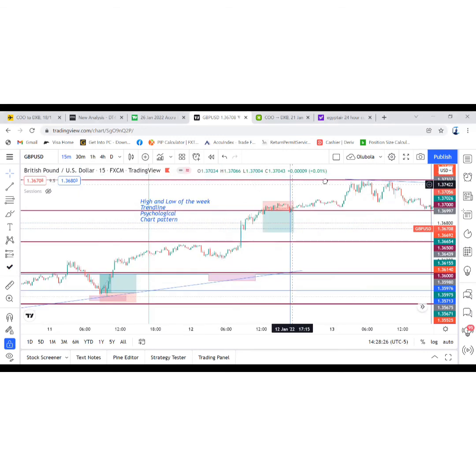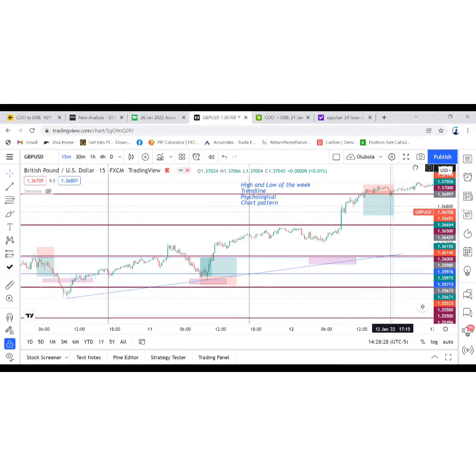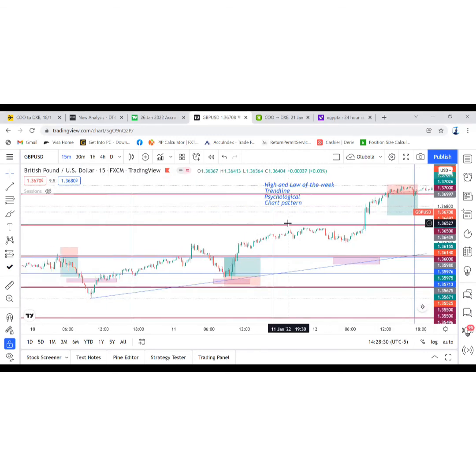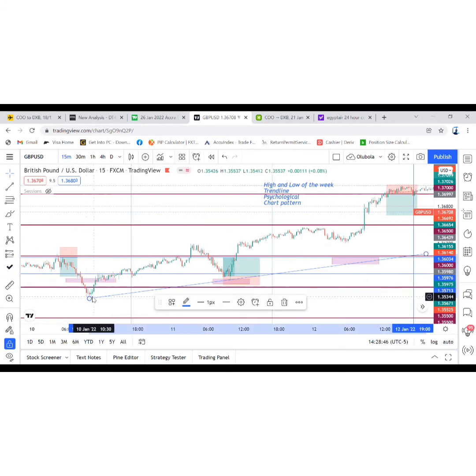No. Why I'm asking is that your first trend line you drew, it's only point A before you took the trade on point B. Yeah. It's only point A, then I took the trade on point B, right?